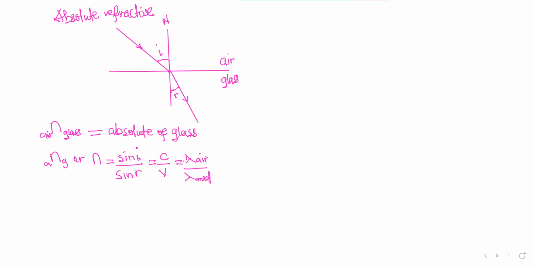dense medium. Now, what happens when I reverse the path of light? So the same thing, I'm going to reverse the path. Before, the light was traveling from up, down. This time it's going to be down, up. And that is what I mean by reversing the path of light.